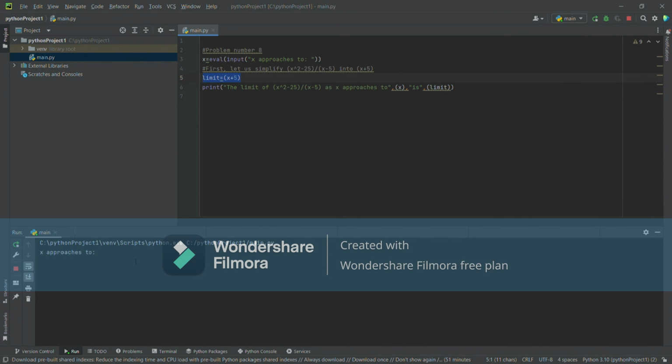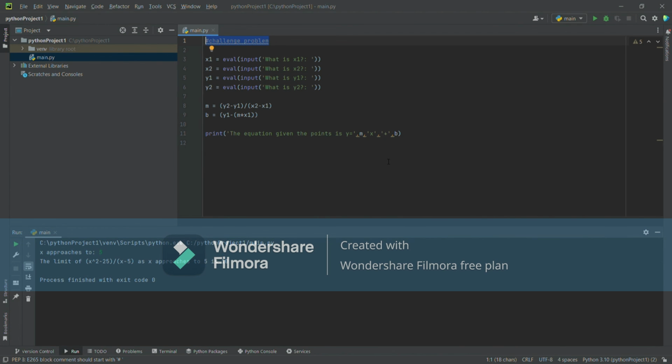If I run this program, x approaches the given value of 5, so that we get the amount of 10. The limit of x squared minus 25 divided by x minus 5 as x approaches 5 results in 10.